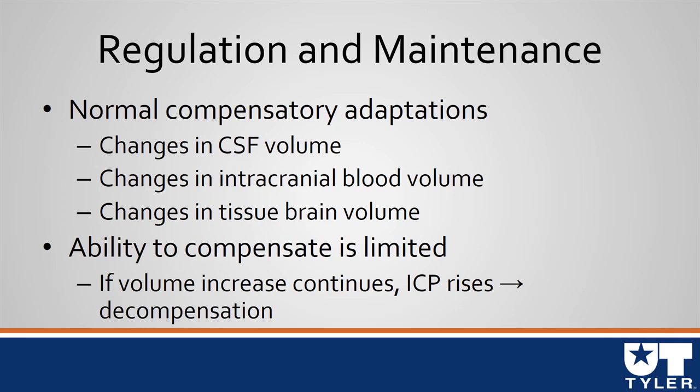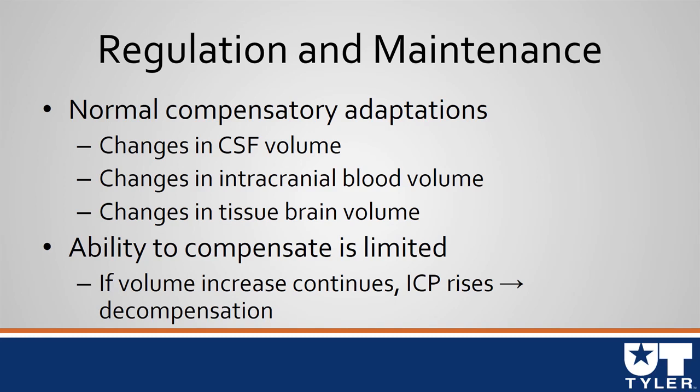Applying the Monro-Kelly doctrine, the body can adapt to volume changes within the skull in 3 different ways to maintain a normal ICP. First, compensatory mechanisms can include changes in the cerebral spinal fluid volume. The CSF volume can be changed by altering the CSF absorption or production and by displacement of CSF fluid into the spinal subarachnoid space.